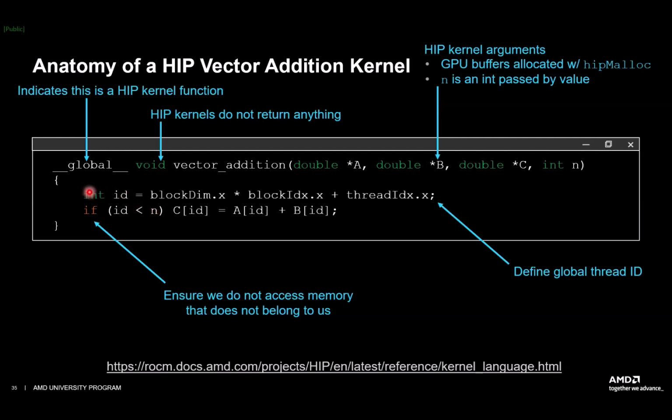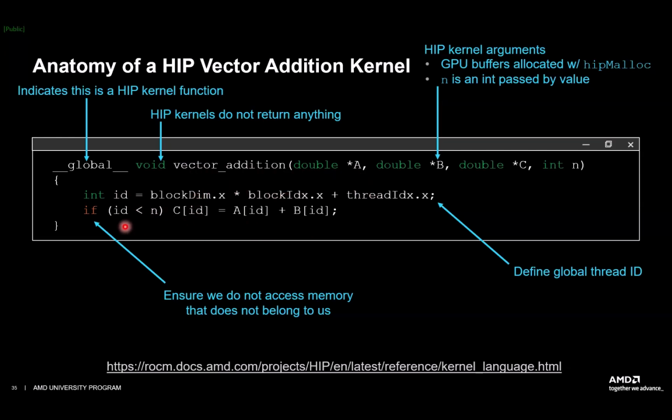This line here defines a global thread ID based on the particular thread's index within the block, the block index within the grid, and the number of threads per block. So that defines a global thread ID that you can then use to perform that thread's element-wise addition here.